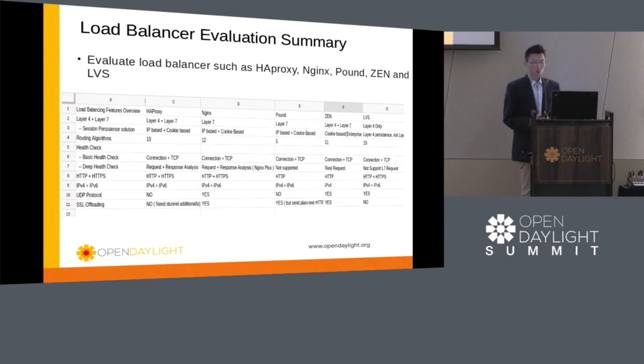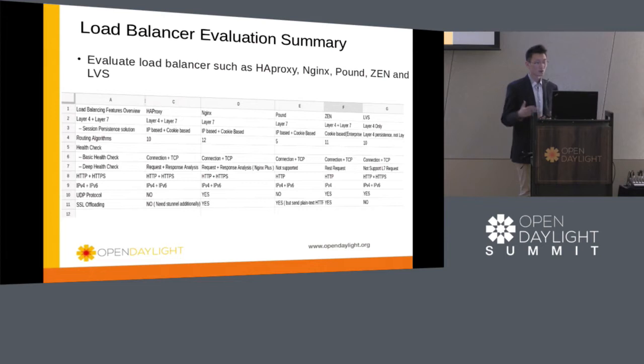As you can see, the first row is whether they support layer 4 and layer 7. It turns out, for example, LVS only supports layer 4. So that's probably not a good load balancer because we really need layer 7 routing, right? HAProxy supports layer 4 and layer 7. Nginx supports layer 7. So all the rows are supported, which is very good.